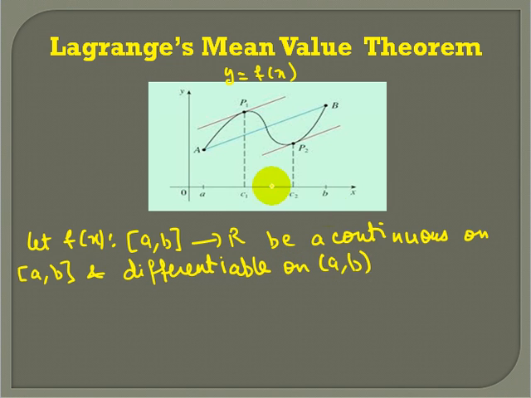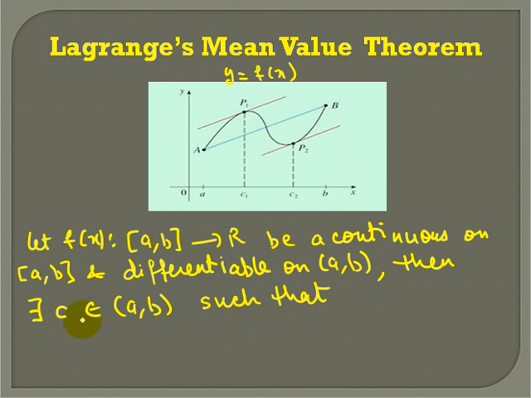Now under this condition only, we don't have that third condition here. So if these two conditions are fulfilled, we can say then there exists a point C belonging to this open interval (a, b) such that, now if you compare with this curve, this number C has got two values. One is C1, another is C2.